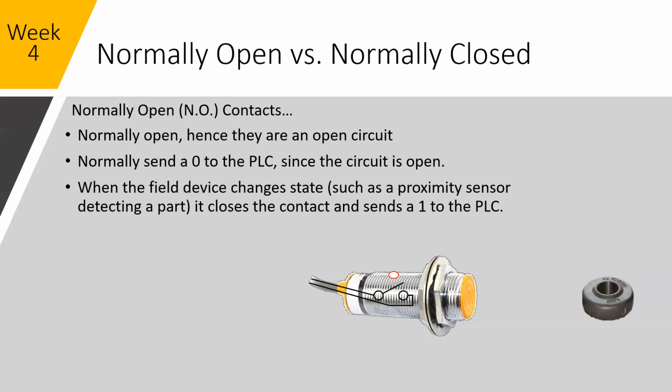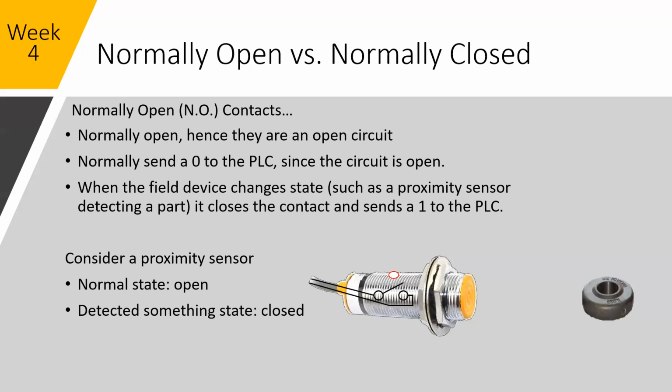When the field device changes state, such as this proximity sensor here, it would then close the contact, and then that input would become 1 or high. So the proximity sensor, this normal state is open. It detects something, the state would move to closed. There's a fancy animation.